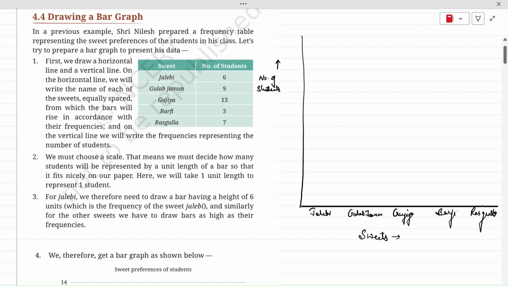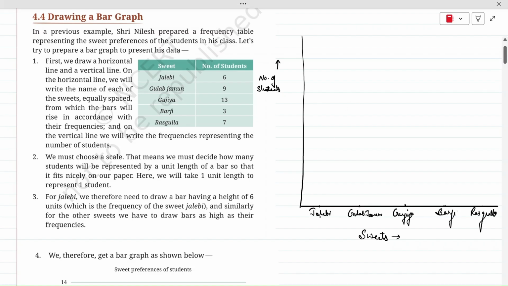So kids, whatever we write on the horizontal axis, the items should always be at equal distance from each other. That is, the distance between these two, and between these two, should be the same. And the same in the vertical direction as well.